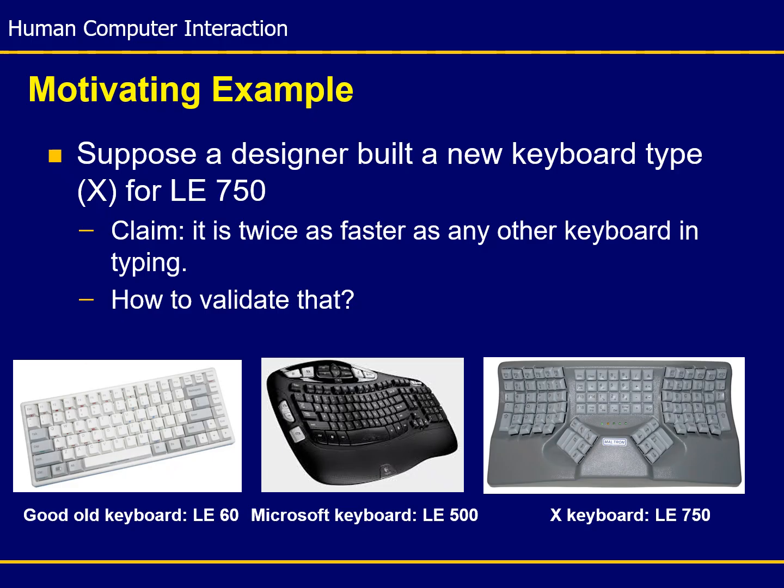And they might also tell you, by the way, if you use our X keyboard, you will type 20% faster. So if your average typing rate on a regular keyboard is 40 words per minute, on our keyboard it is going to be 48 words per minute. Now you stand and think, how can I verify that these claims are actually accurate?